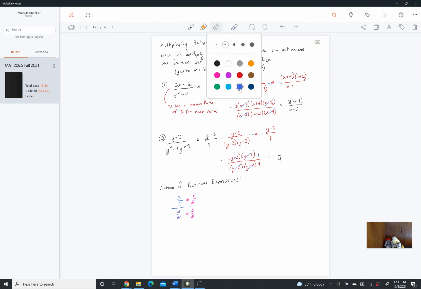So what does that mean? That means that when we do 3 over 7 divided by 6 over 5, that's really the same thing as doing 3 over 7 times 5 over 6, which is 15 over 42, which reduces. So what does that mean we're doing?